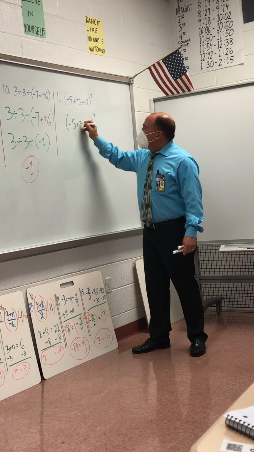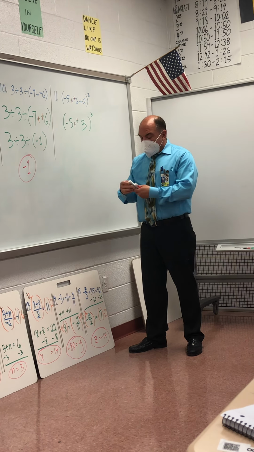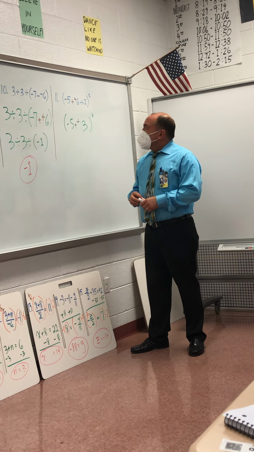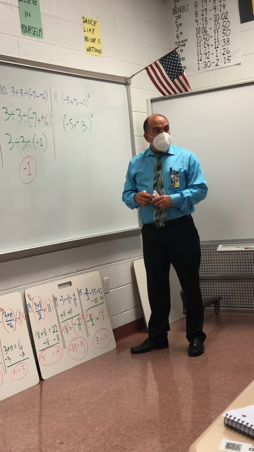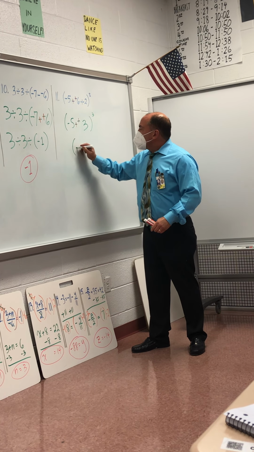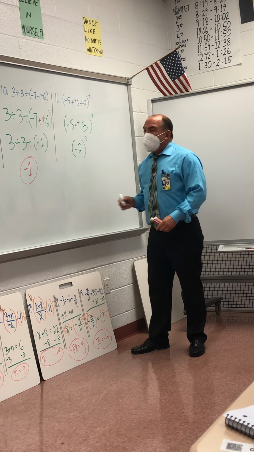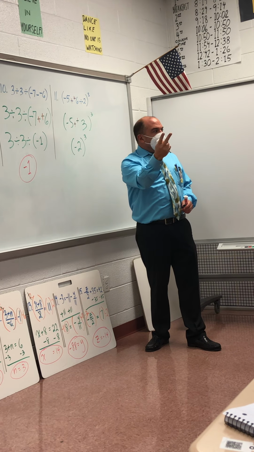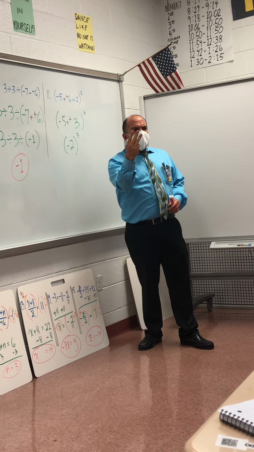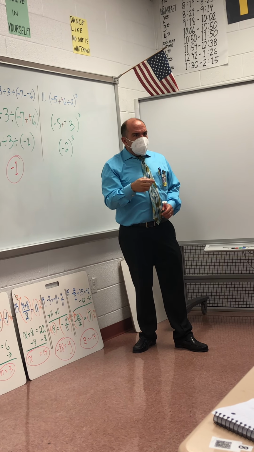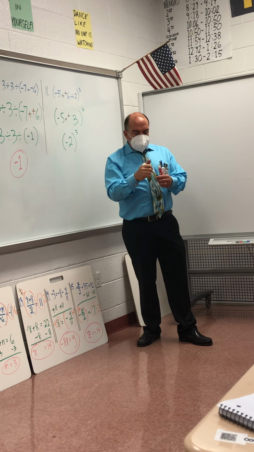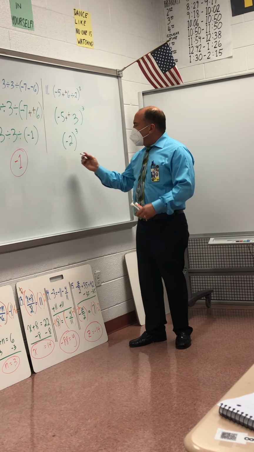Adding in my bam, bam. -5, +3, the signs are different. Subtract, 5 minus 3 is 2, the bigger number is negative, so it's -2 to the third power, which means -2 times -2 times -2. Ooh, you know what that is? Very good. -8. -2 times -2 is +4. +4 times -2 is -8.